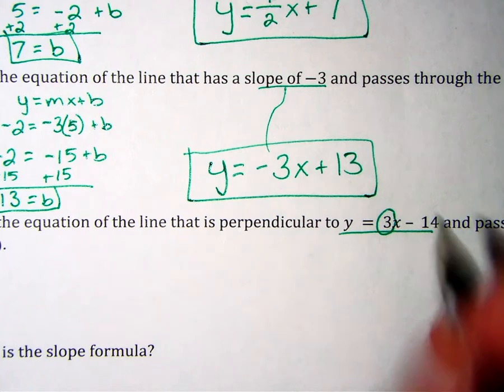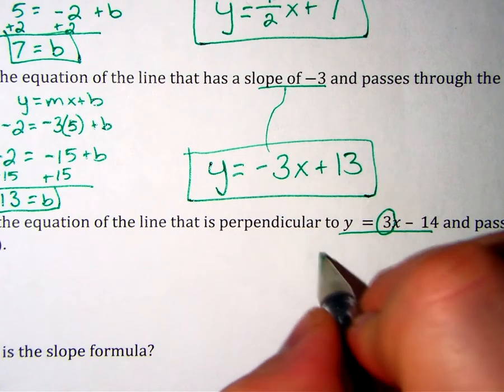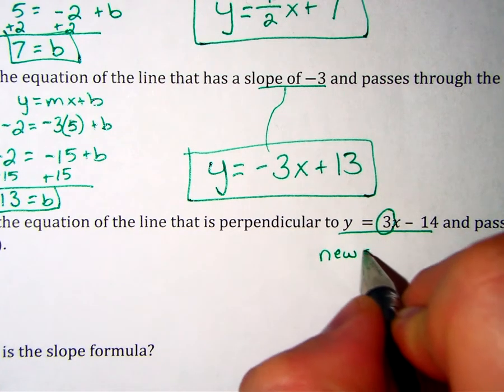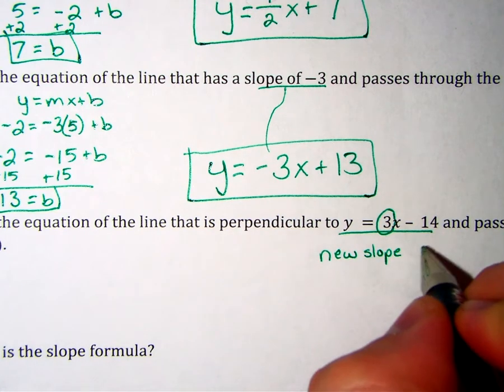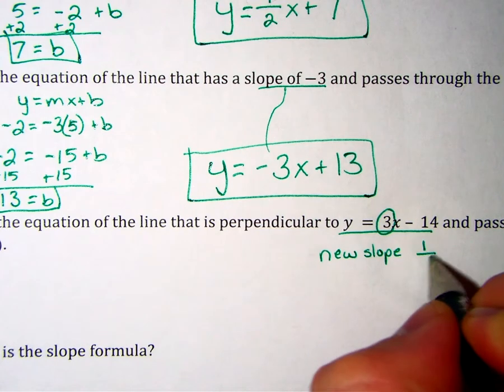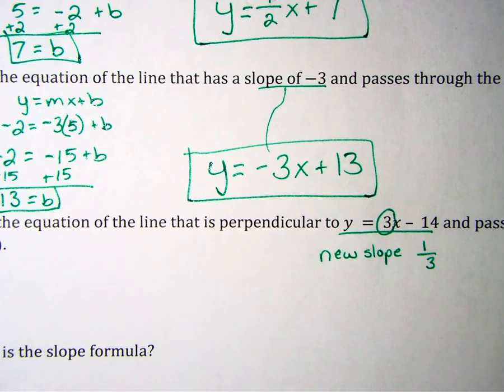Our current slope being 3, our new slope being the reciprocal 1/3, and its opposite negative. So our new slope is going to be -1/3.